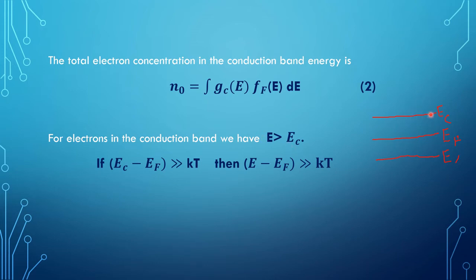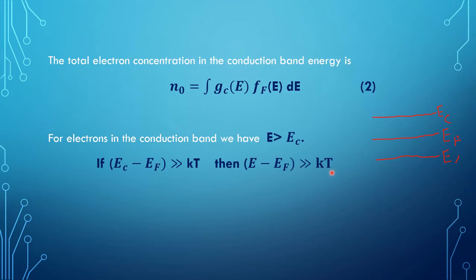That means EC, the conduction band energy, is higher than EF. So EC minus EF is greater than kT, where kT is the Boltzmann constant times the absolute temperature. Then we can say that E minus EF is also greater than kT. Here k is the Boltzmann constant and T is the absolute temperature.